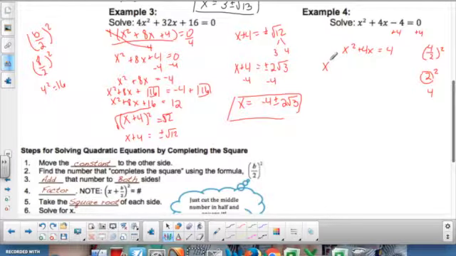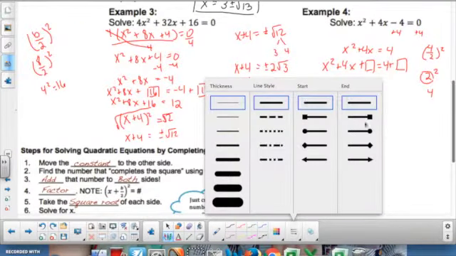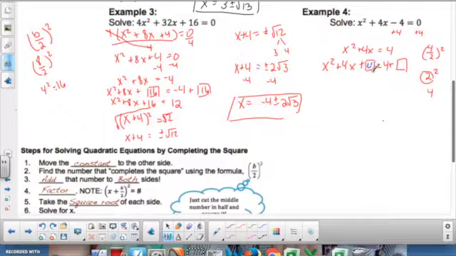So we've got x squared plus 4x plus my box equals 4 plus the box. And what I'm adding this time is 4. So going to both sides of my equation, I'm going to add 4 and 4.